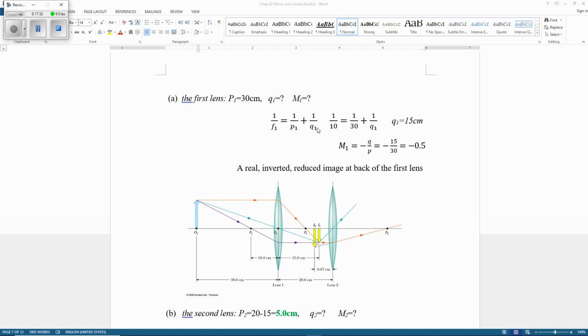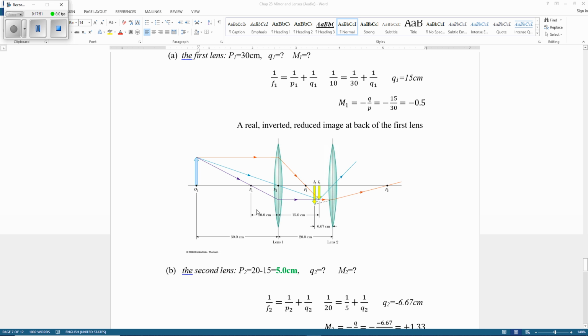Since F1 equals 10 centimeters, I have 1 over 10 equals 1 over 30 plus 1 over Q1. We did this before, we know how to solve it. If you solve it, it gives you Q1 equals 15 centimeters. So from the first lens to the first image is 15 centimeters.